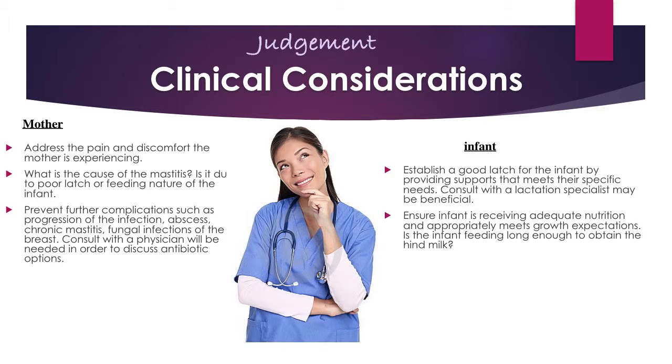Establishing supports and appropriate techniques for the infant in order to achieve a good, effective latch. For this, a consultation with a lactation specialist may be beneficial. 3. Monitor the infant's growth, which identifies whether adequate nutrition is being provided. For instance, is the infant feeding long enough to obtain the hind milk?